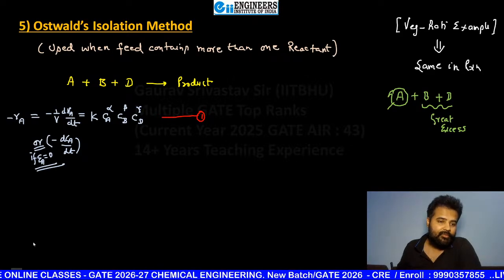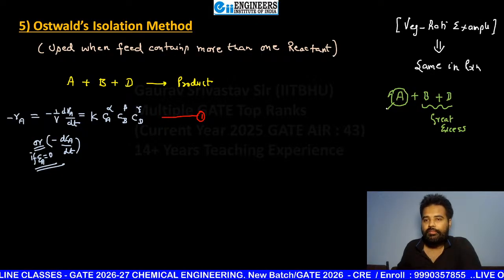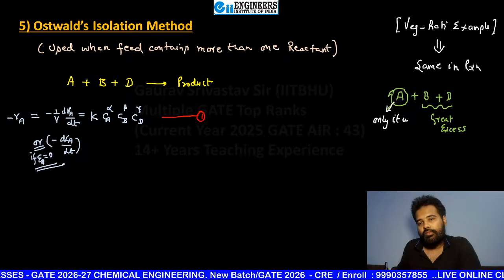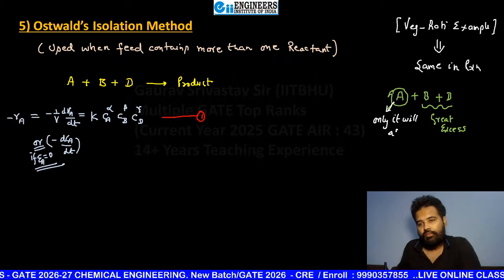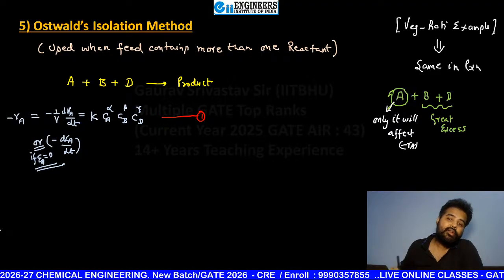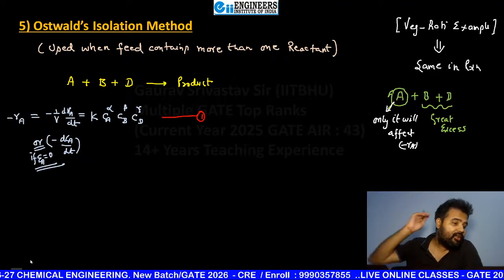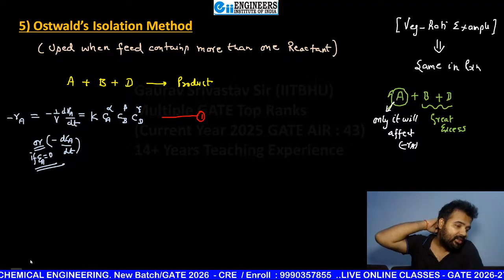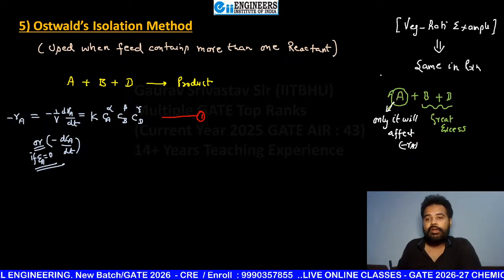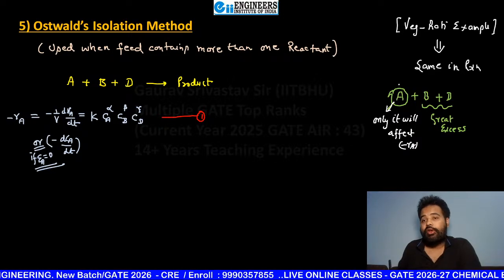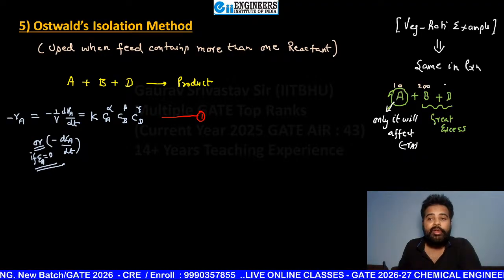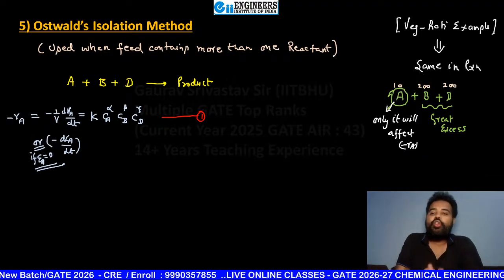Only it will affect Ra? Yes sir, okay. But in your reaction mixture, suppose the reaction is 1:1:1, but you are using 10 moles of A and 200 of B and 200 of D. Then the reaction cannot depend on B now.